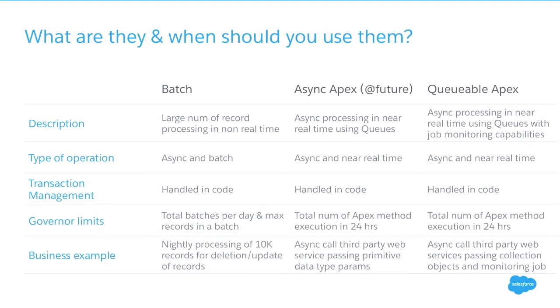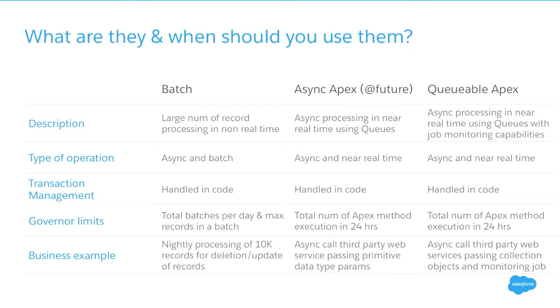You don't want your user to click a button and wait on the screen for like an hour. You just basically want the user to operate and keep on moving. That's a better experience. So the platform gives us a couple of options to do asynchronous processing, which are batch, asynchronous Apex, also known as future methods or future Apex, and the latest one is queueable Apex.